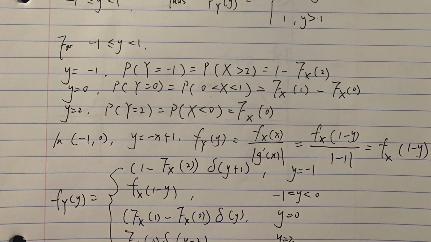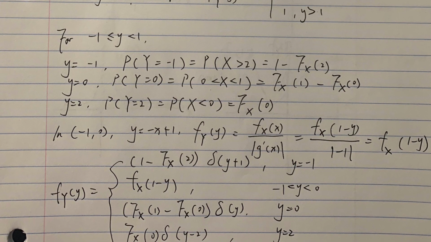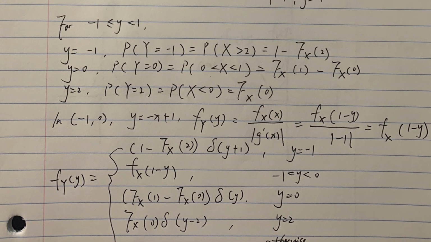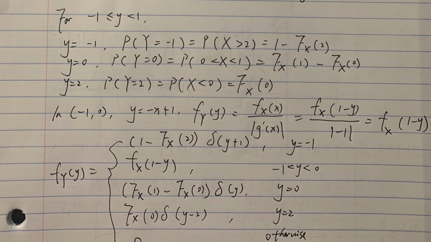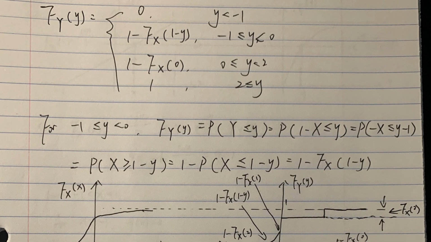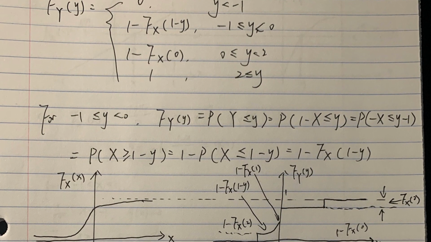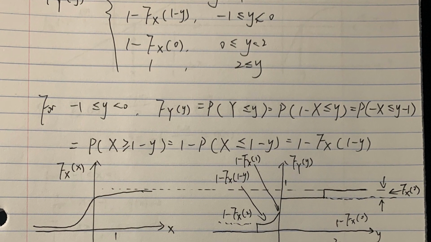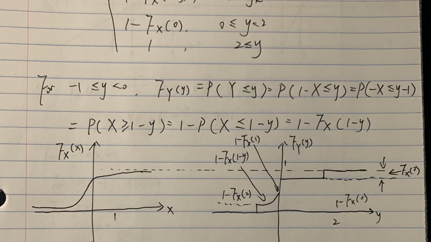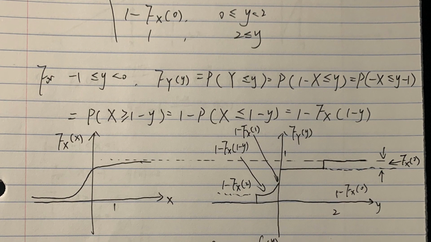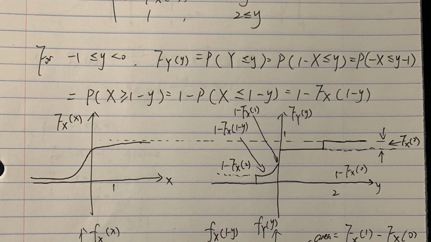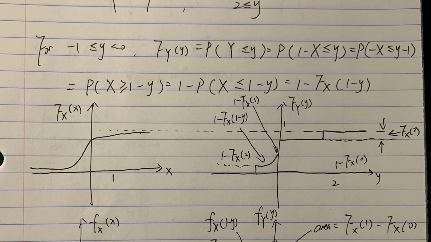And for minus 1 smaller than or equal to y equals 0, the capital F_Y(y) equals probability capital Y smaller than or equal to y, which equals probability 1 minus X smaller than or equal to y, which equals probability minus X smaller than or equal to y minus 1, which equals probability X bigger than or equal to 1 minus y, which equals 1 minus probability X smaller than 1 minus y, which we can get the answer as 1 minus capital F_X(1 minus y).